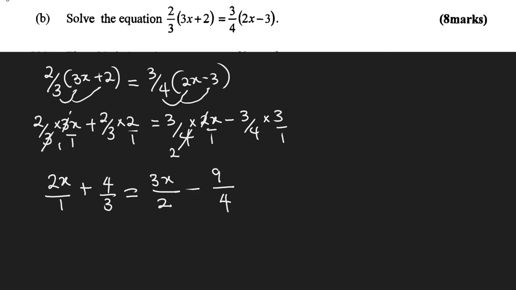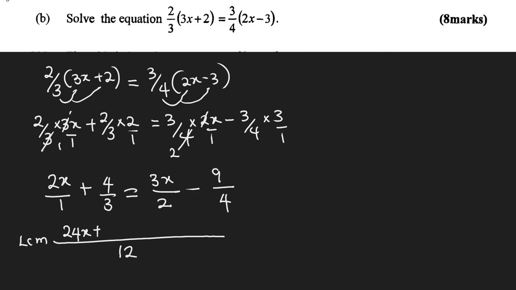Right? So what I'm going to do at this point in time, we have denominators, then we can find the LCM of the denominators of 3, 2, and 4. Of course, it is going to be 12, right? So 12 into 1 is 12, and 12 times 2 is 24x, right?